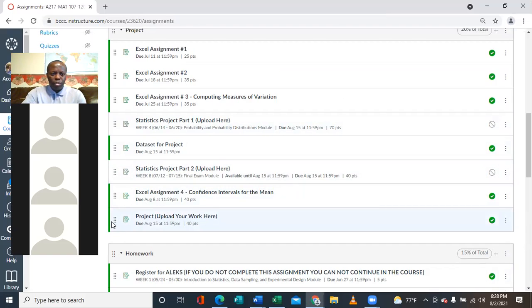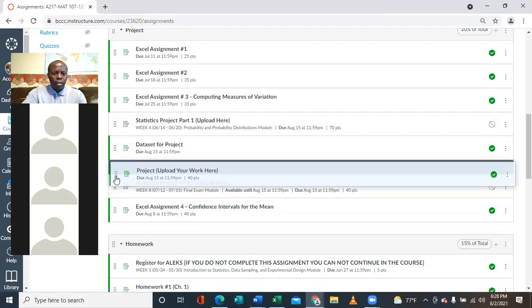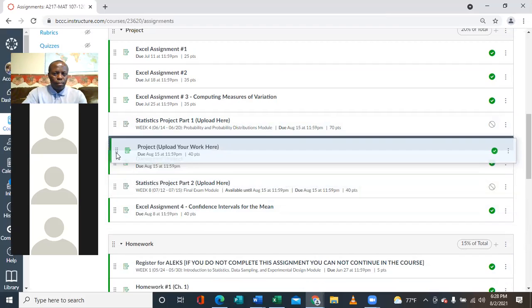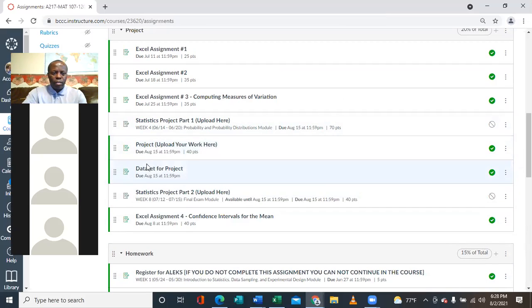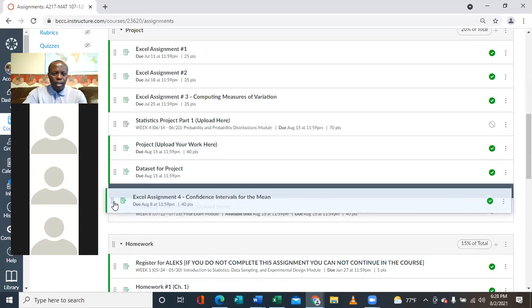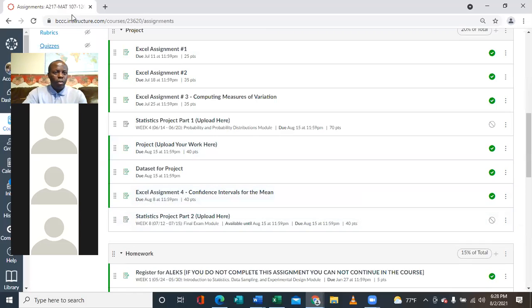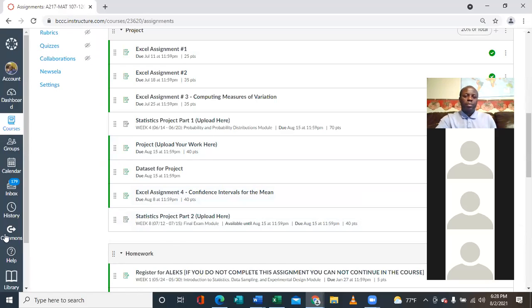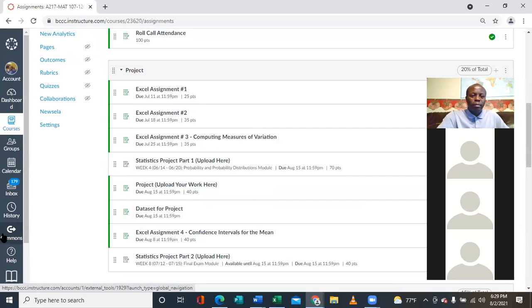This is what you're going to do. So I'm going to move it closer to the data set. Project. This is the data set for project. And this is the Excel assignment. Yep. So it should be available now. If it's not, that means you have to check your computer. Now I just created a new one. Is that the course project?